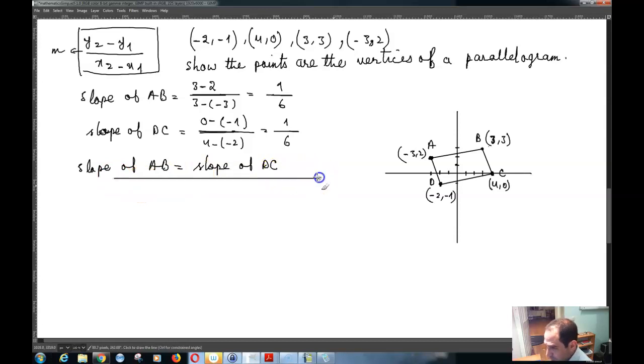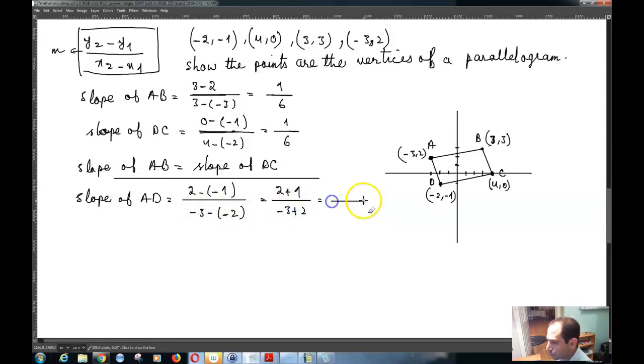Next, we have two other sides, AD and BC. The slope of AD is equal to 2 minus negative 1 over negative 3 minus negative 2. That's equal to 2 plus 1 over negative 3 plus 2, which is 3 over negative 1, which is equal to negative 3.